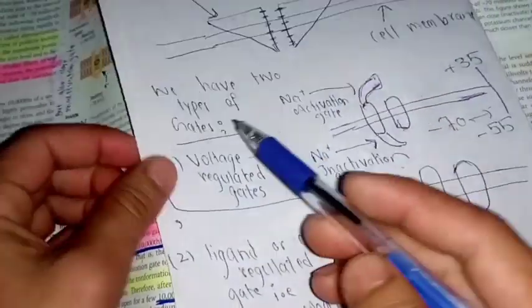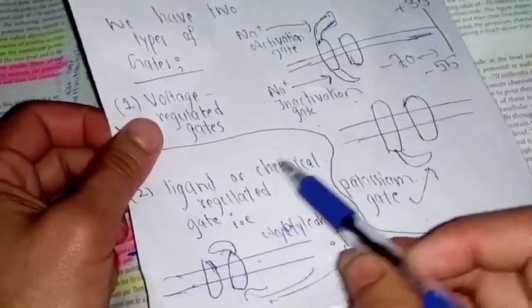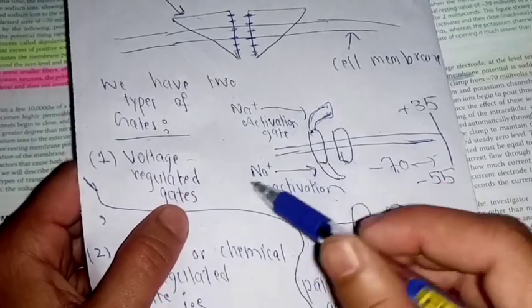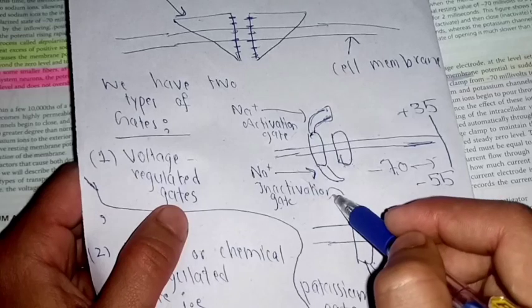For example, we have discussed two types of gates. One was the voltage gated and another was the ligand or chemical gated. So we will focus on the voltage gated. This is the sodium channel, and the outside gate is the activation gate, and the inside gate is the inactivation gate.